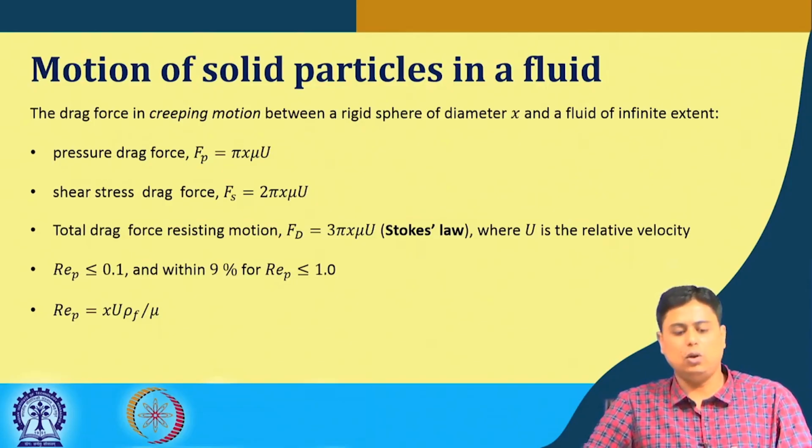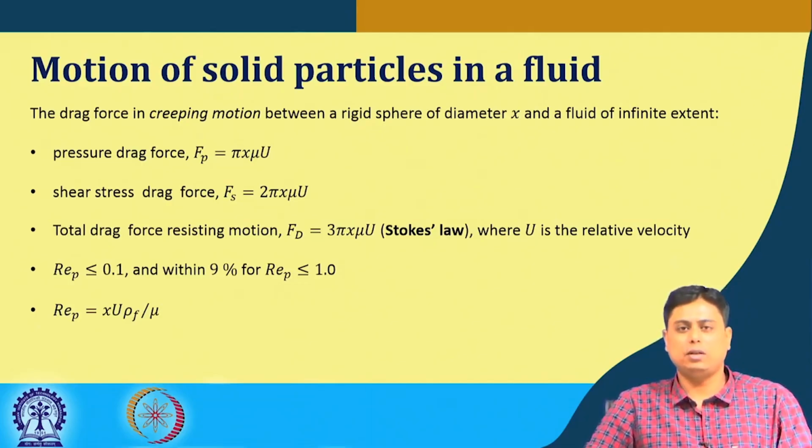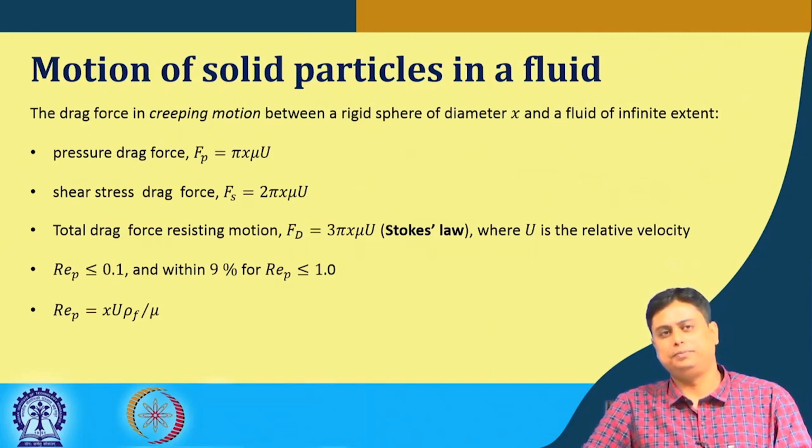Now, this Stokes law, this drag force calculation for a single particle, works exactly when the flow is creeping flow. That means, way below the particle Reynolds number of 1, and specifically it is exact when the particle Reynolds number is below 0.1 or so, and it works reasonably well, within 10% error, when we apply this in the region of Reynolds number less than 1 and higher than 0.1.